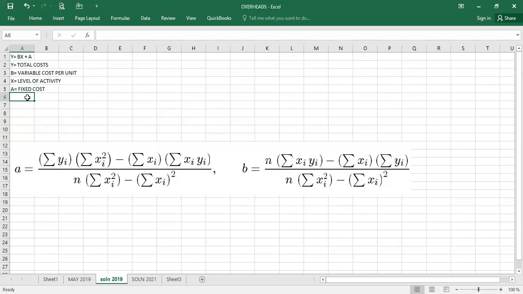So when you're trying to look at the relationship between those two variables, we want to know whether, if the level of activity changes, how will the mixed cost or the total cost respond to the changes in the level of activity? Because we know that our x, in this case, will be the independent variable.